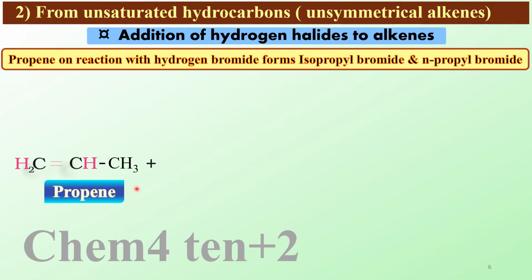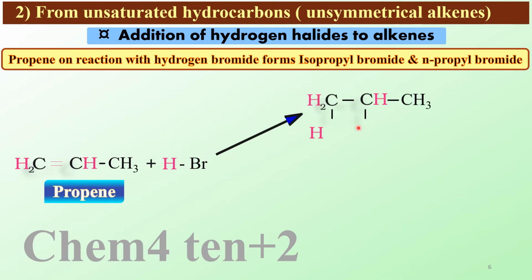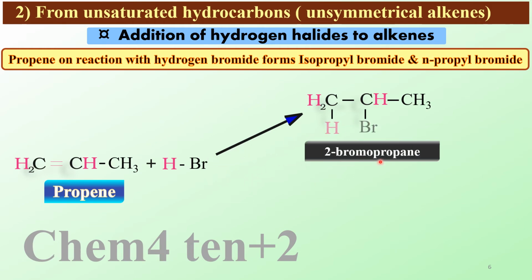Now let's proceed with the reaction. When such an unsymmetrical alkene is treated with an unsymmetrical reagent like HBr, the reaction proceeds to give the first product, as we can see, 2-bromopropane, in which the negative part of HBr goes to the central carbon atom and hydrogen goes to the first carbon atom.